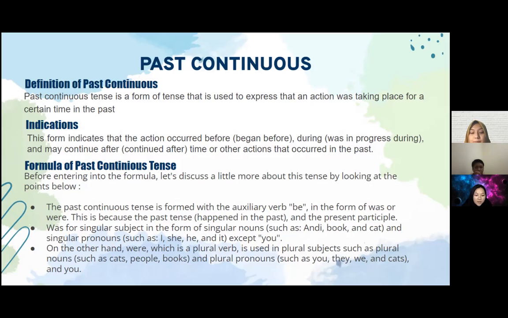The second point is was for singular subjects in the form of singular nouns such as Andy, book, and cat, and singular pronouns such as I, she, he, and it, except you. And the last point is, on the other hand, were, which is a plural verb, used for plural subjects such as plural nouns such as cats, people, books, and plural pronouns such as you, they, and we.